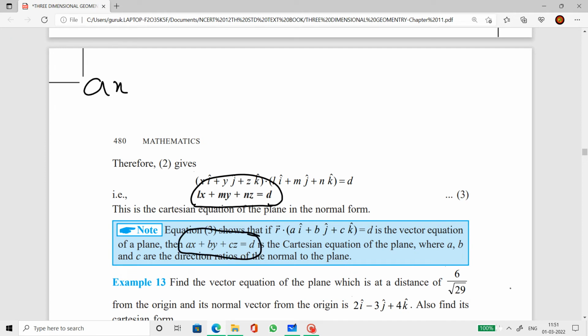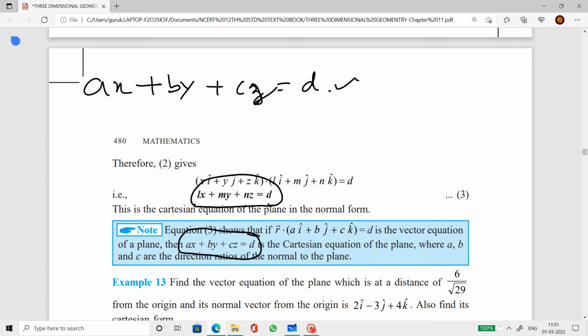So ax plus by plus cz equals D. A, B, C are what? A, B, C are the perpendicular vector, the normal vector. But here it is l, m, n because it is n cap. So this is how the Cartesian form of a plane will look.